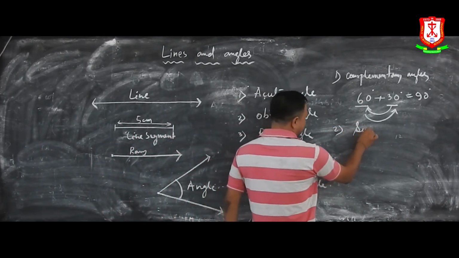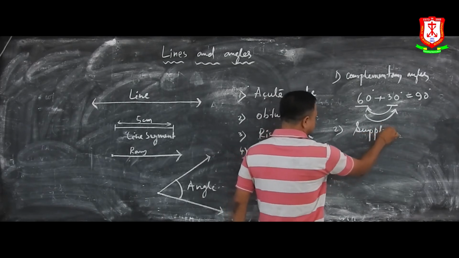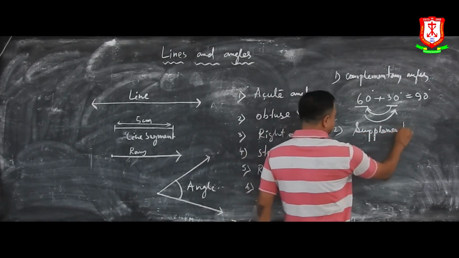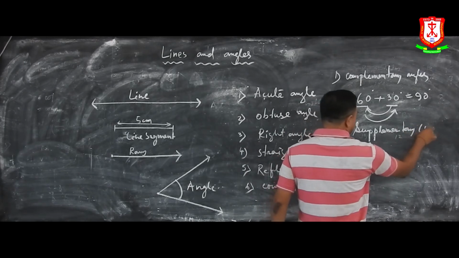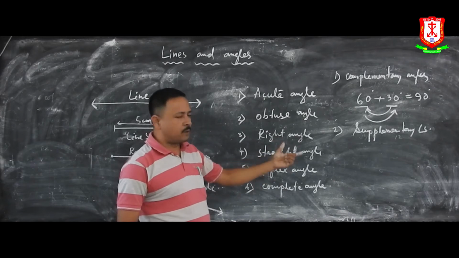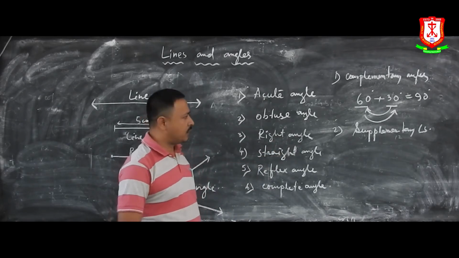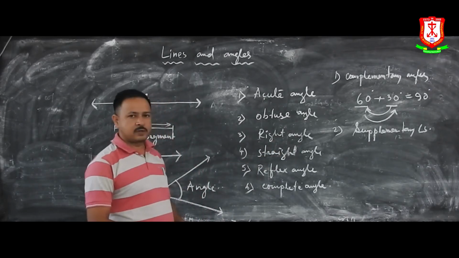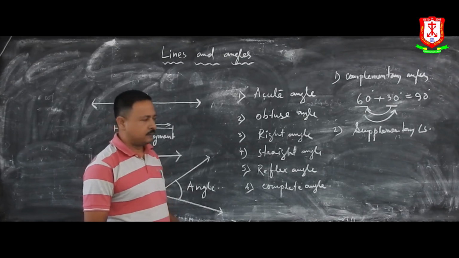Now supplementary angles. If the sum of any two angles is 180 degree, then the angles are called supplementary angles.